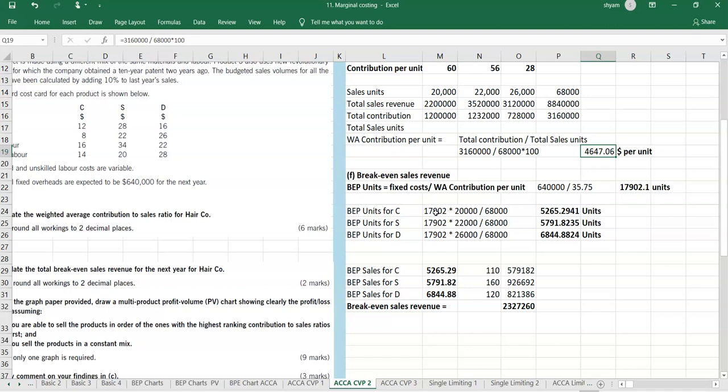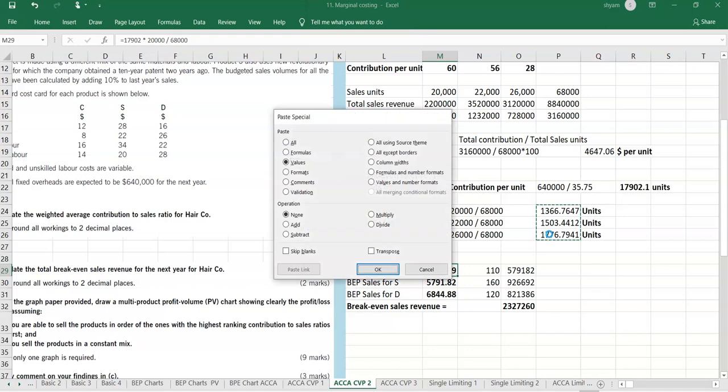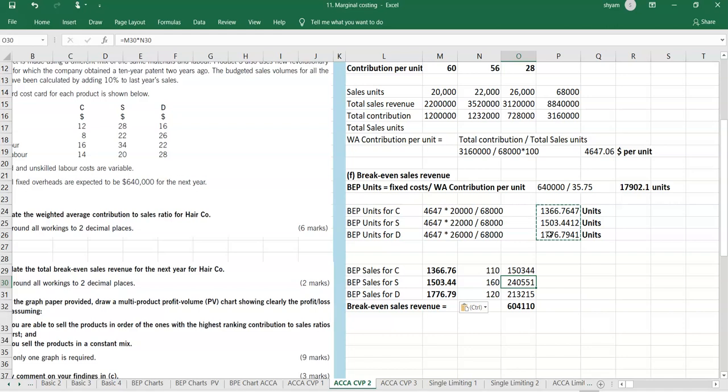So this number is 4647. We should not put 100. 100 is not in the formula, so the weighted average contribution per unit is 46.